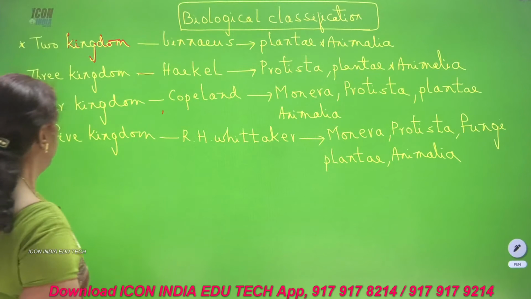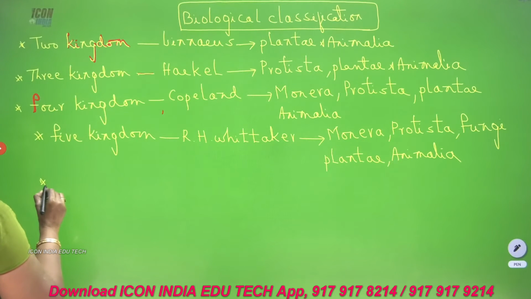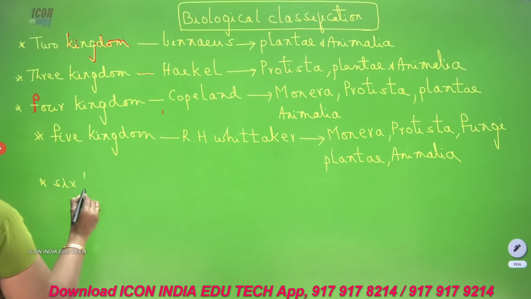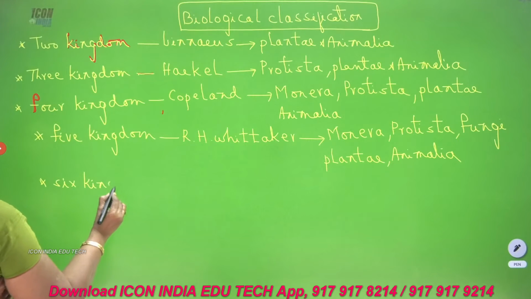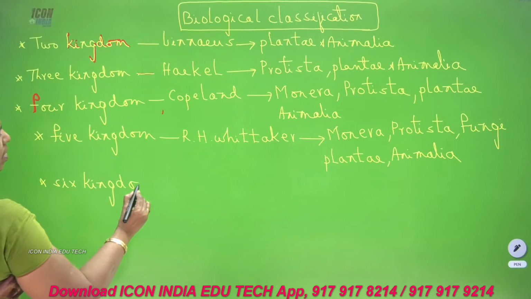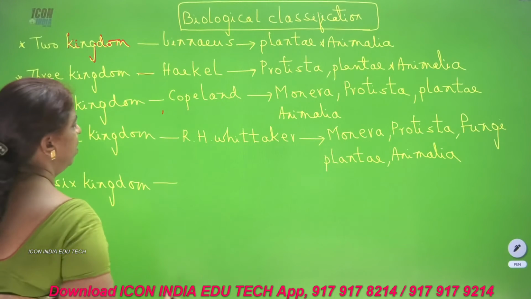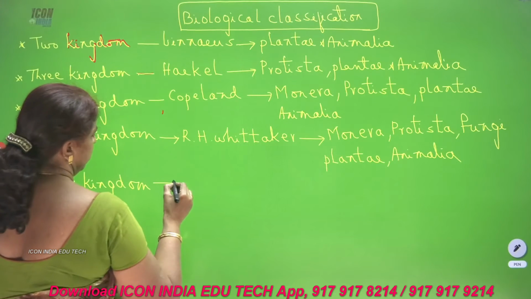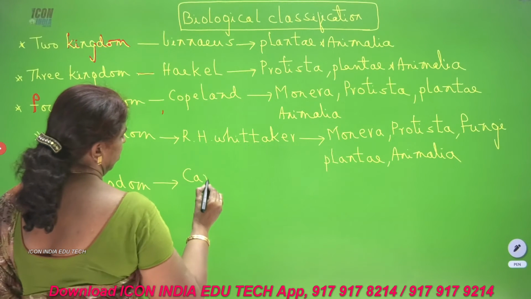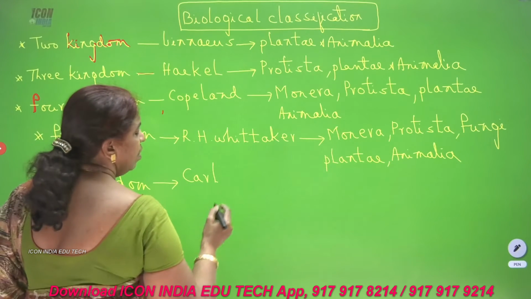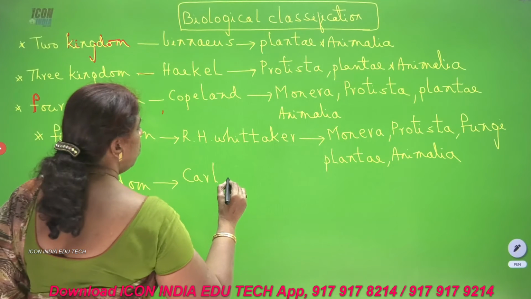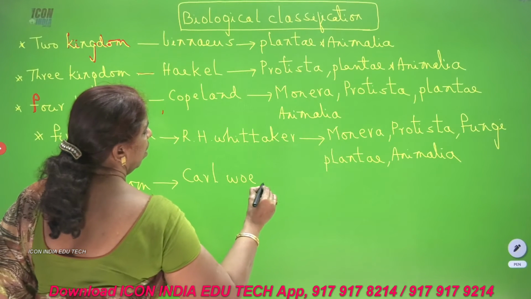The next is the six kingdom classification. The six kingdom classification was proposed by Carl Woese et al.